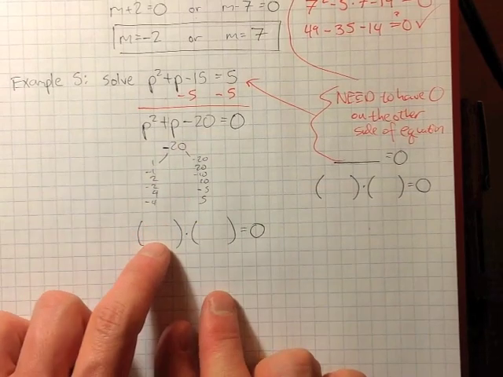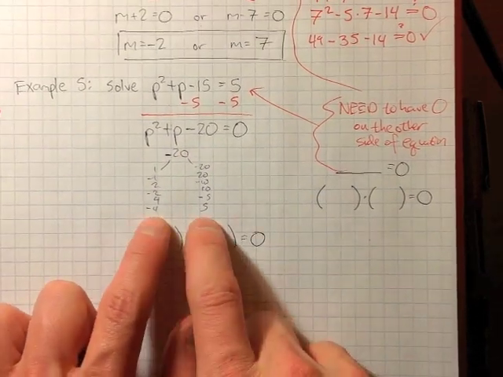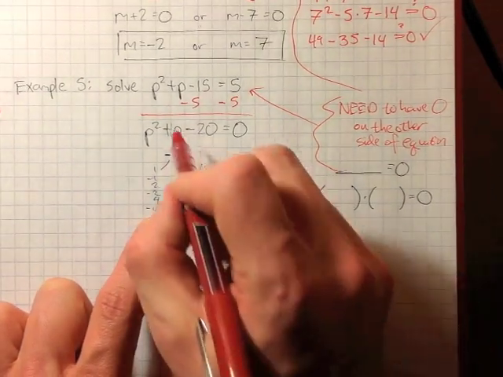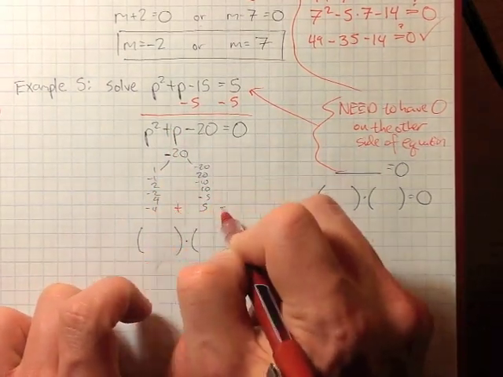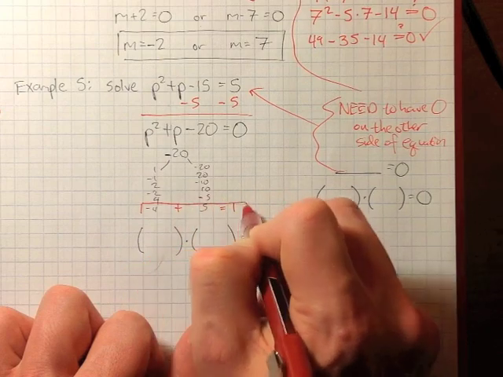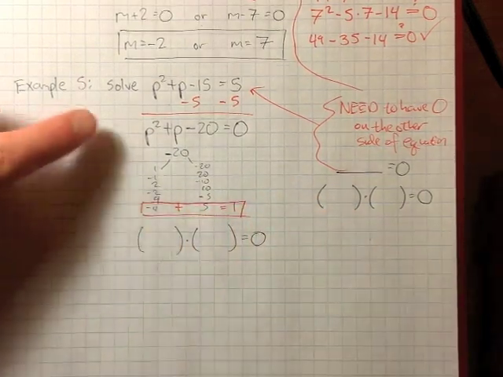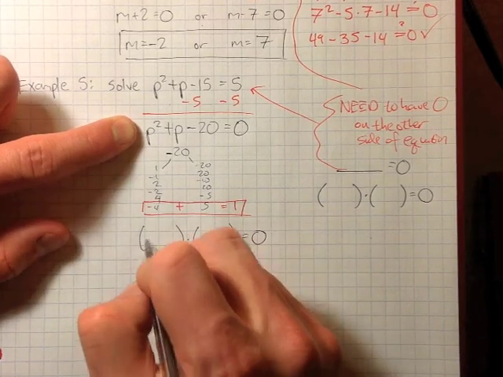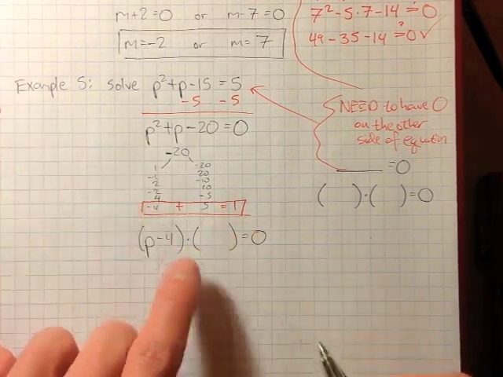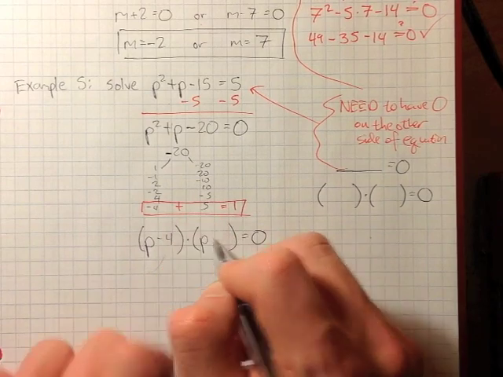Those are all the factor pairs there. Which pair adds up to invisible 1? Well, negative 4 plus 5 equals positive 1. So I can use a shortcut because there's an invisible 1 out here in front of the p squared. So p minus 4 times p plus 5.